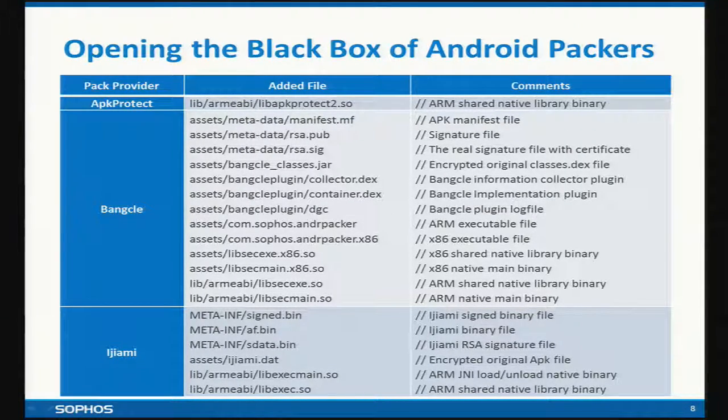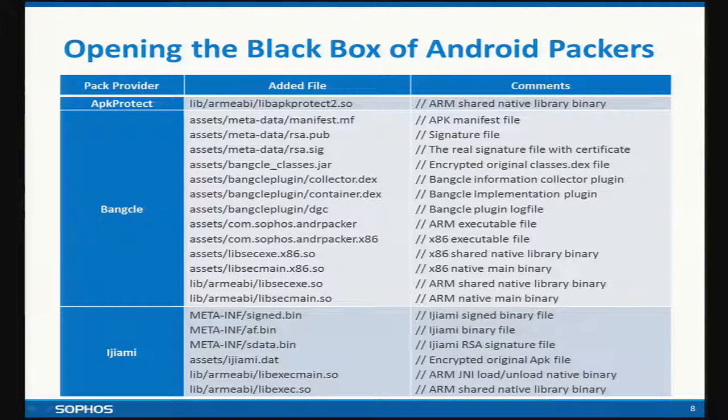This table records the added files in the packed APKs. You can see the APK Protector only adds a binary file. Banco inserts several digital files in the metadata directory and encrypts the original DEX file into the Banco_class.jar.